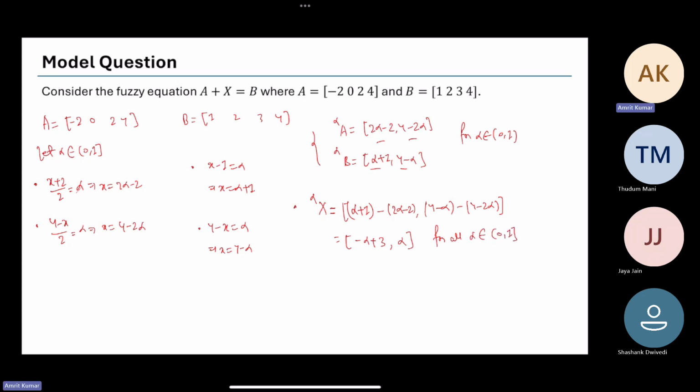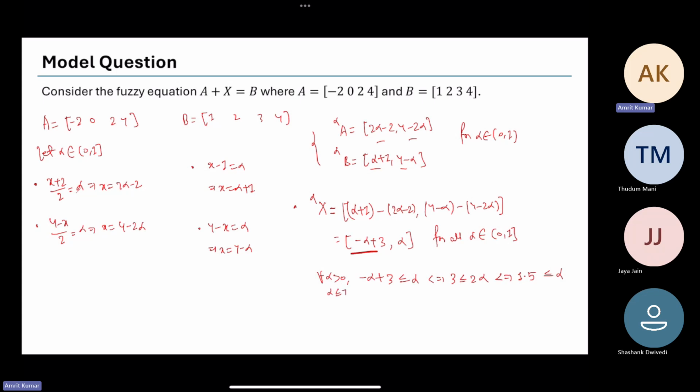So we define fuzzy set X with these alpha cuts. Now we need to verify certain properties. First of all, this should be non-empty. That is, the left endpoint must be less than or equal to the right endpoint. But this is the case only when 3 is less than or equal to 2 alpha. And that in turn is the case only when alpha is greater than or equal to 1.5.